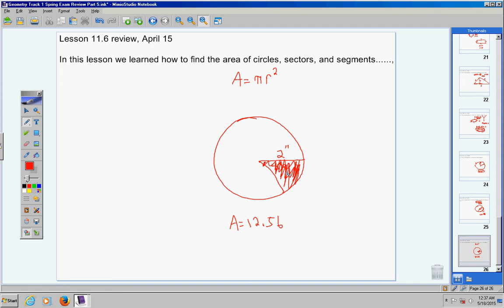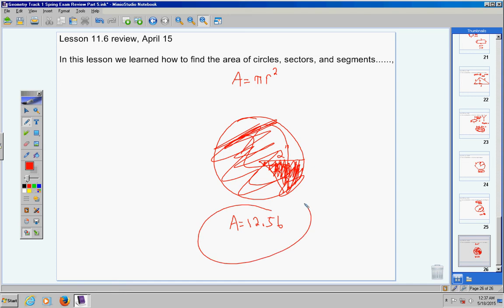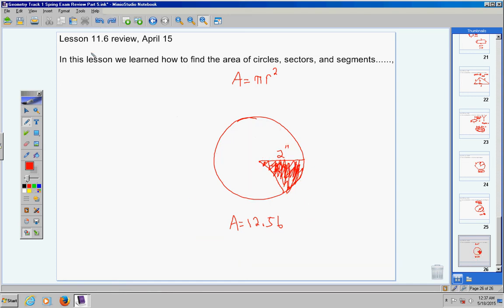Now, what if I asked you to find the area of just this sliver right here? What if I asked you to find that area? Well, think about it, guys. I could find the entire area of this whole circle, which I did right here, and then find out what fraction of the entire circle this area is. Well, I had 45 degrees written right here.